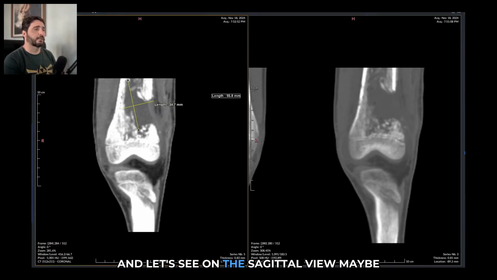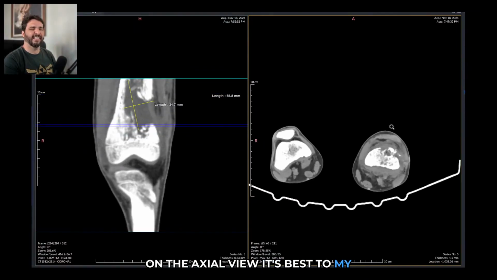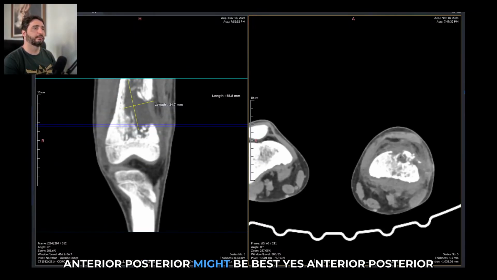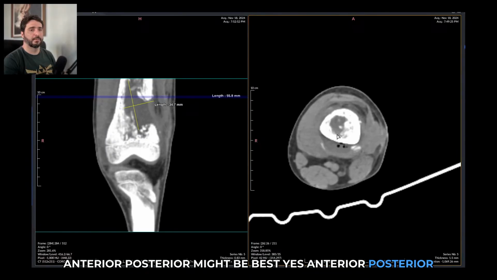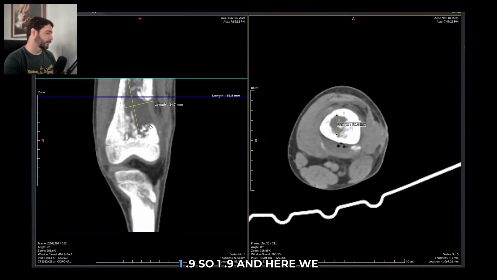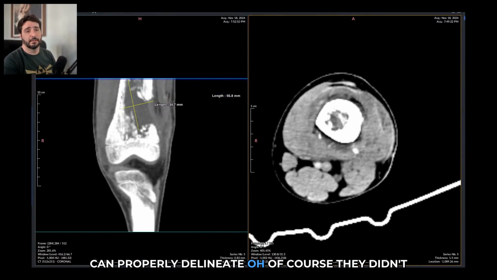And let's see, on the sagittal view, maybe on the axial view, it's best. Anterior posterior might be best. Yes, anterior posterior 1.9, so 1.9. And here we can properly delineate.